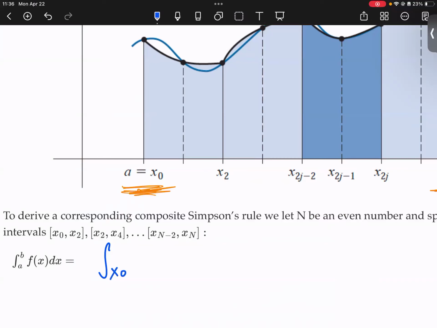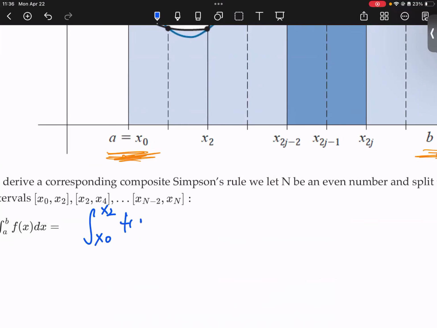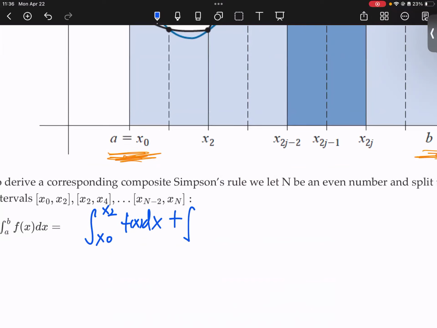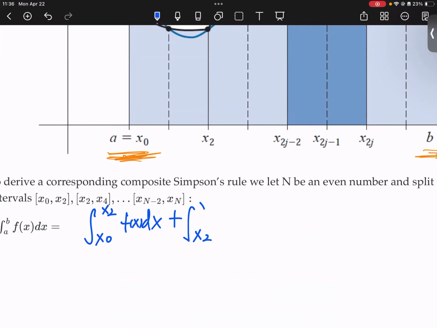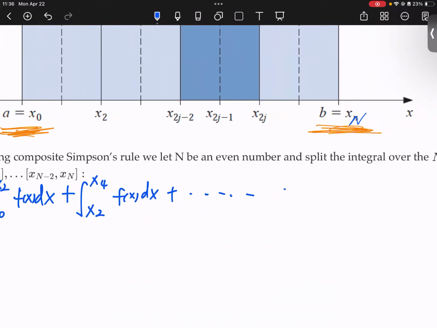We have the subinterval x0 to x2, the integral of f(x) dx, plus the integral from x2 to x4, and we divide the integration into n divided by 2 parts. The last one is from x(n-2) to xn of f(x) dx.